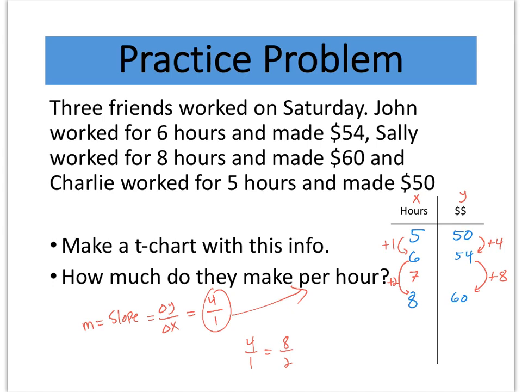If I wanted to figure out 7, that's an increase in 1. So an increase in 1 means an increase in 4, so 58. So plus 4. And it's consistent. Everything with linear is the same ratio of y to x every time being added or subtracted.